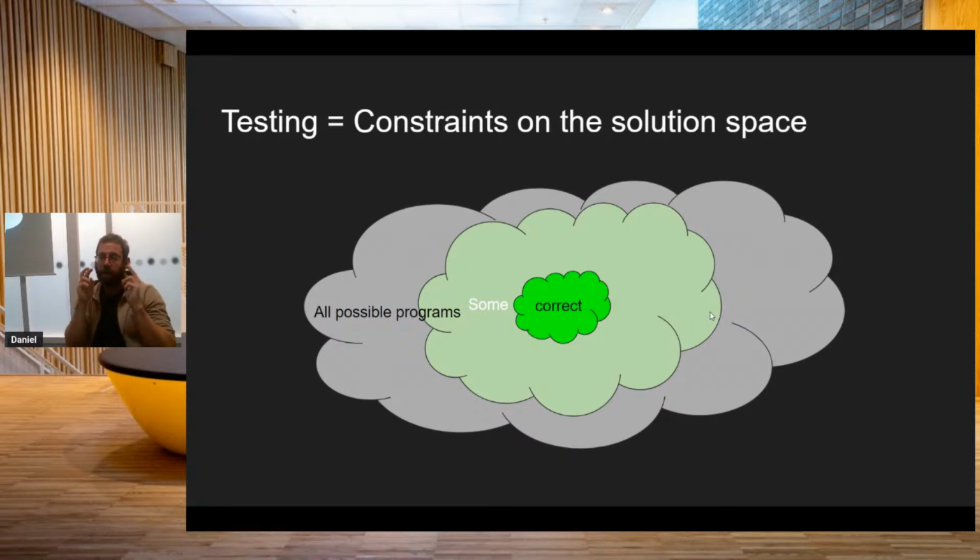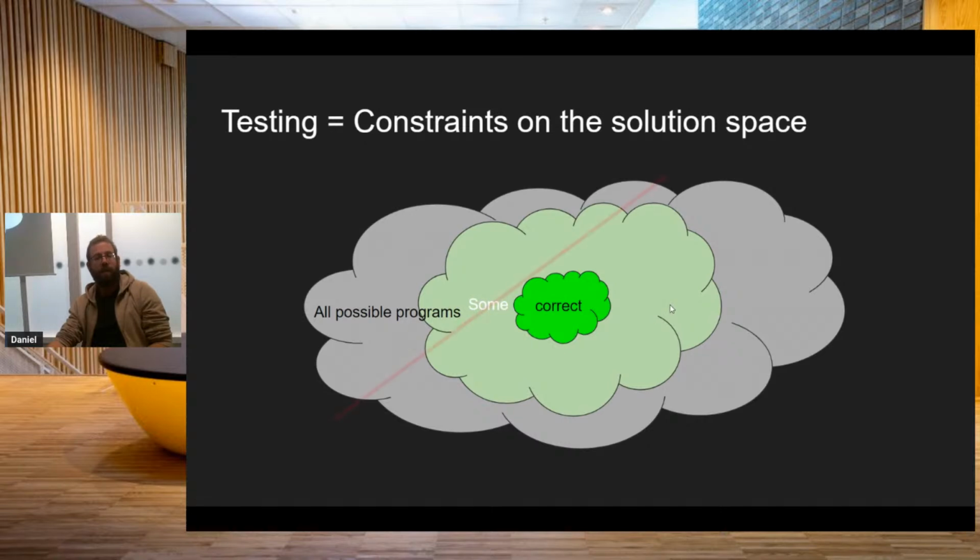So these are the programs that are correct with every input. The closer you are to the green cloud now, the more correct you are, the fewer bugs you have. So A plus B, perhaps with some error handling for integer overflow, is the correct solution. For such a toy problem, we can imagine the correct solution.